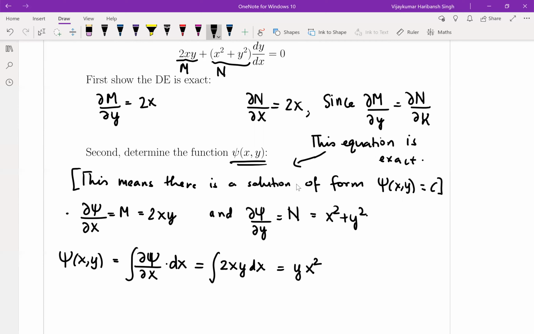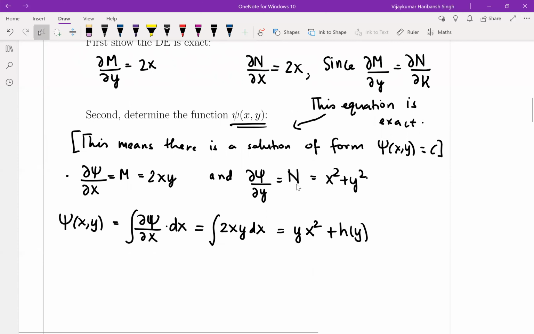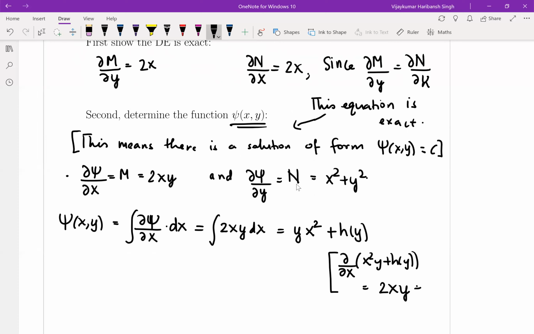Now note that you're taking partial derivative with respect to x, so there will be a constant, but the constant can depend on y. So we have h of y. Why is that? If you look at the derivative of this guy here, this is going to be 2xy plus 0. So the integral of this with respect to x is going to be x squared y plus h of y.